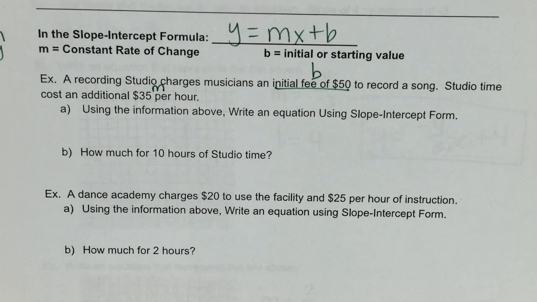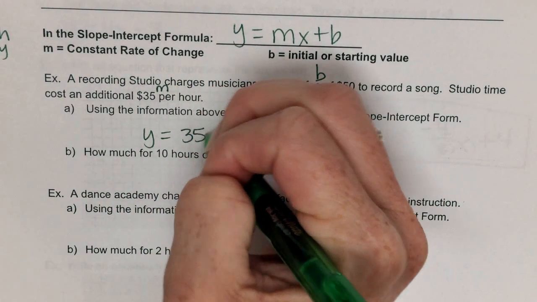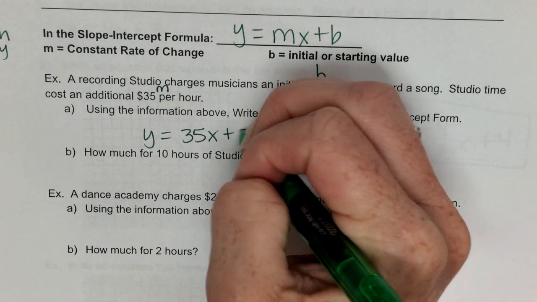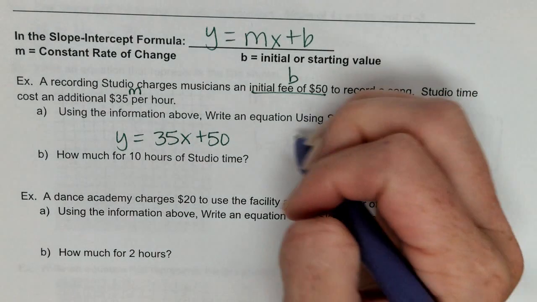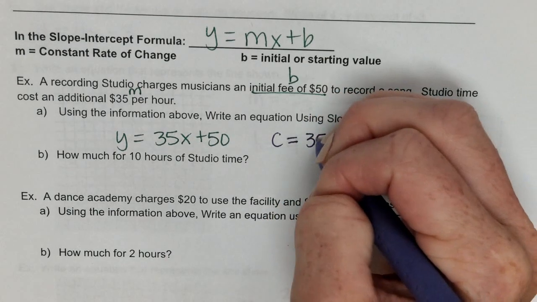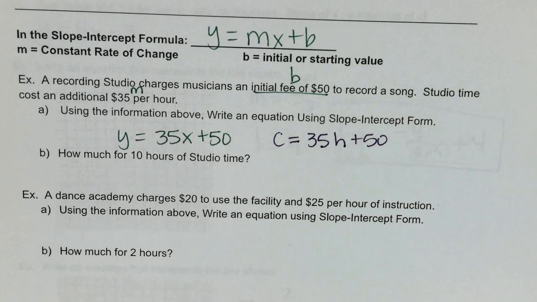So my equation would be y equals 35x plus 50. Now, could I use different variables to help me since this is a word problem? Yes or no? What are we comparing here? Cost and hours? So my equation could have said cost equals $35 times the hours plus 50.